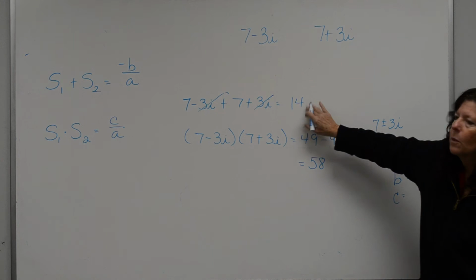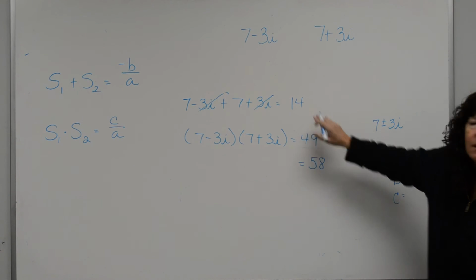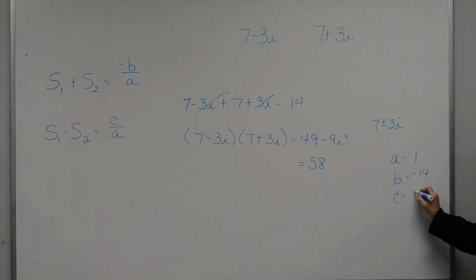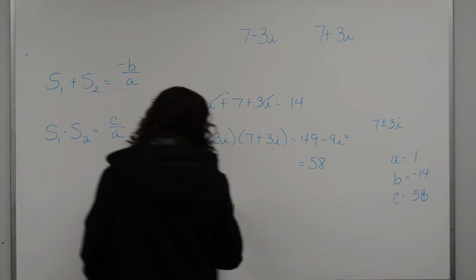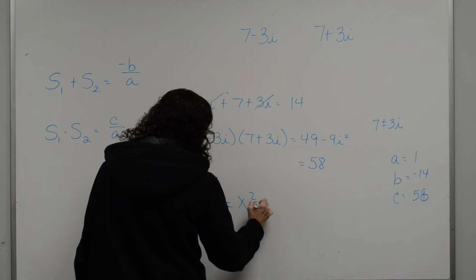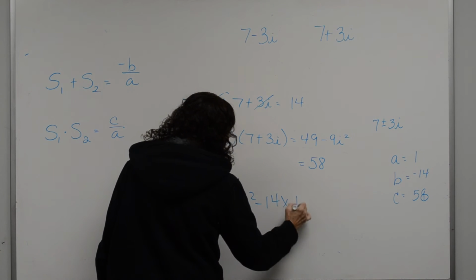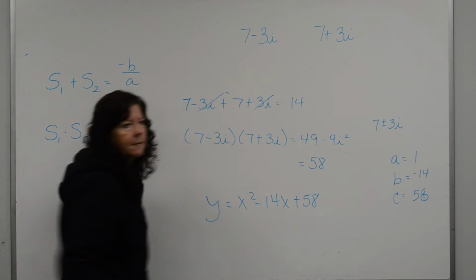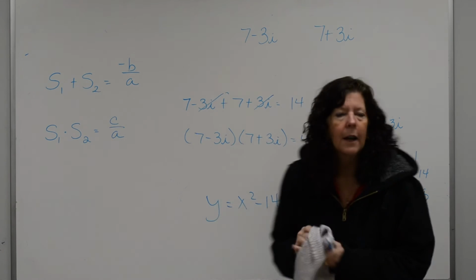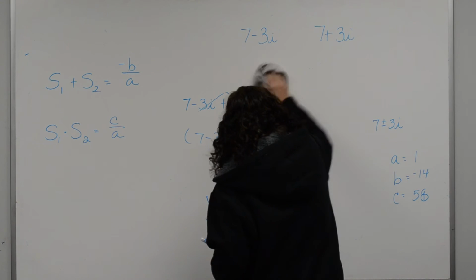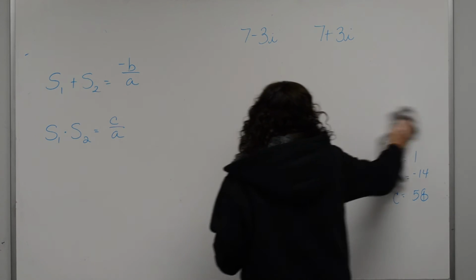Don't forget, this one gives me negative B over A. And then C is 58. So I have y is equal to x squared minus 14x plus 58. All right, I'm going to give you one of these to do, and then we're going to go on to even more.